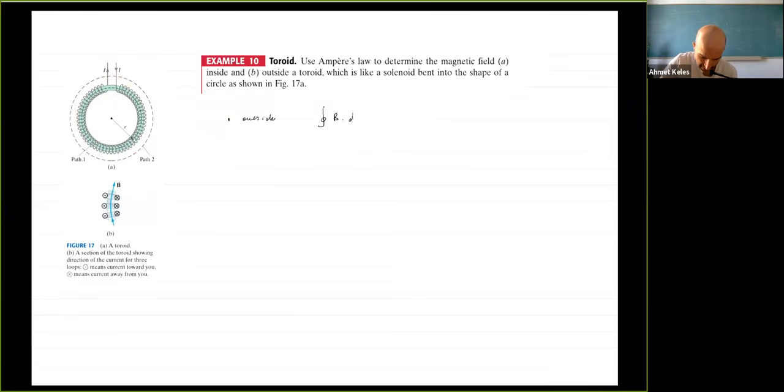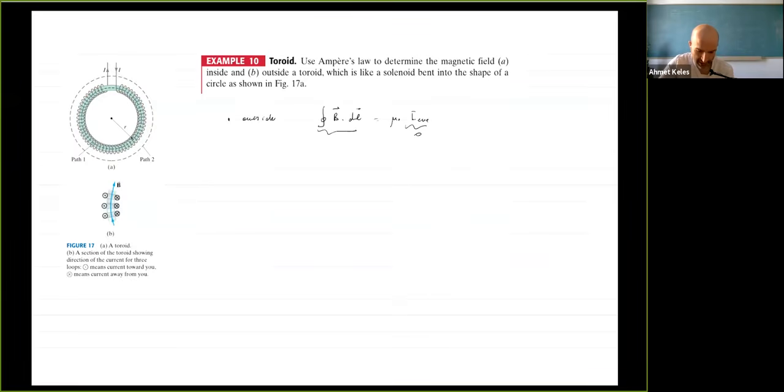B dot dl is equal to mu0 times I enclosed. So you can see for every current out of the page, there is a current into the page. So it's out of page, into the page, out of page, into the page. So each one comes in pairs, so the net current is 0. So this guy is 0.